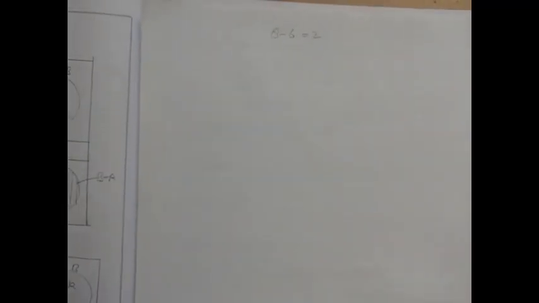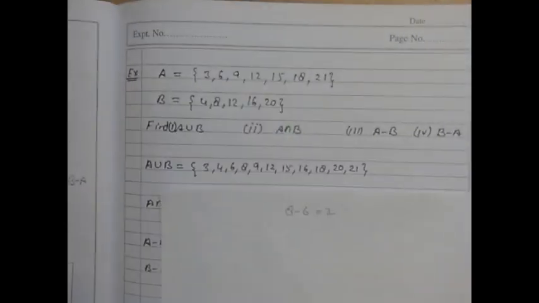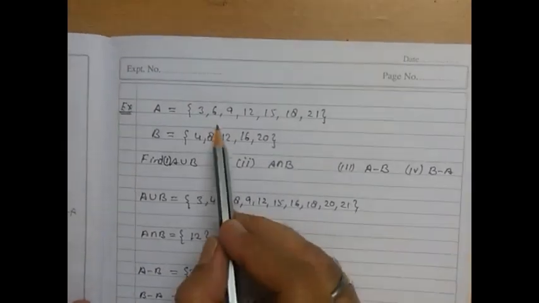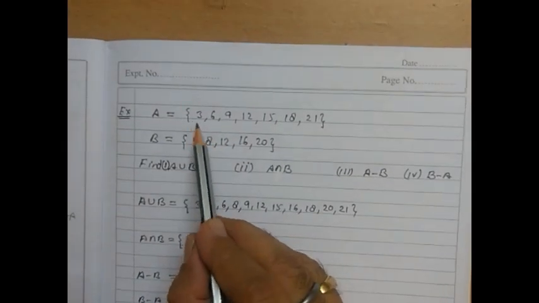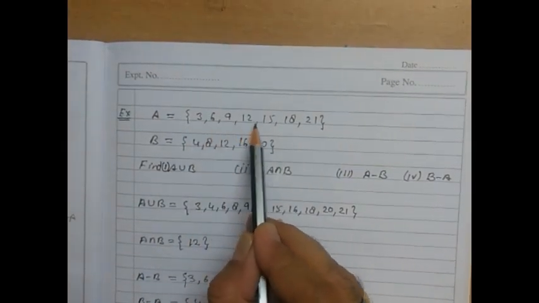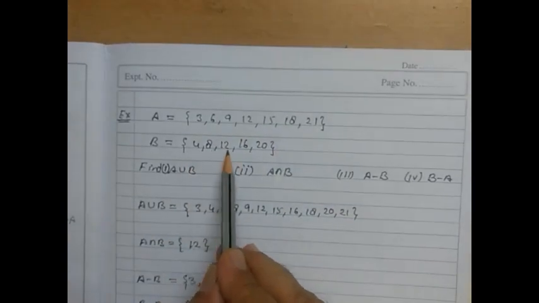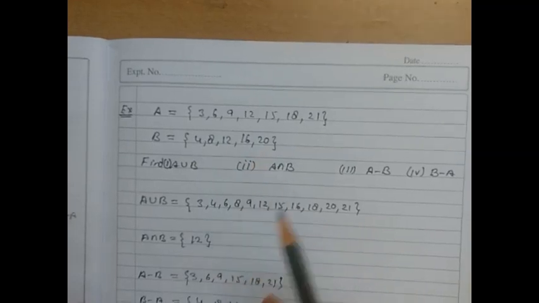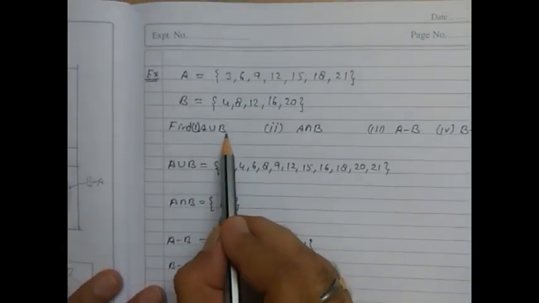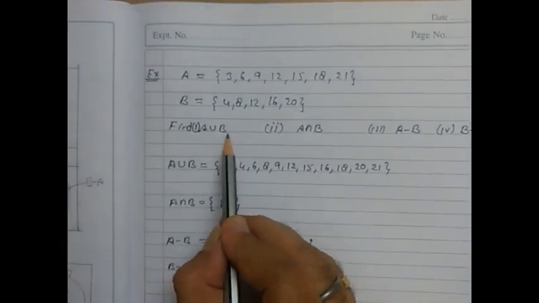Now to understand what we have done through one question, let's take up one example. Here we take set A that contains 3, 6, 9, 12, 15, 18 and 21, and B as 4, 8, 12, 16 and 20. Now we have to find A union B. So what is A union B?